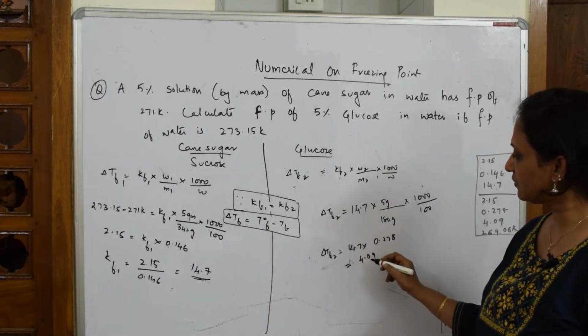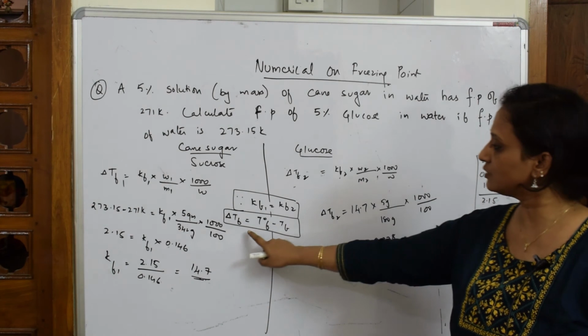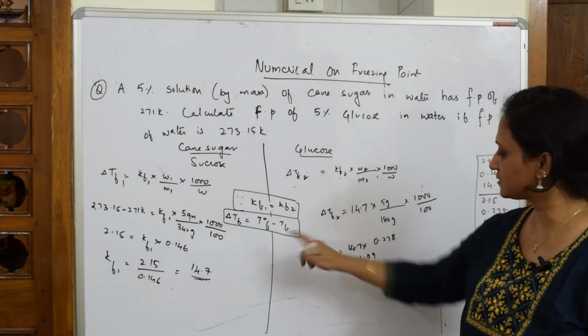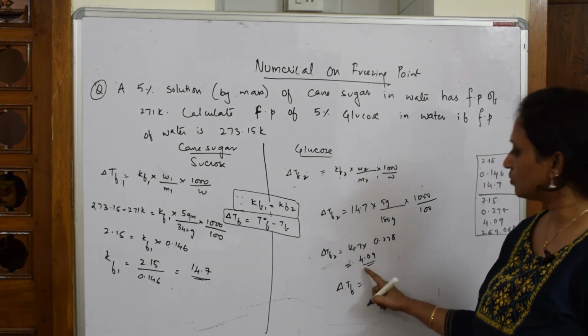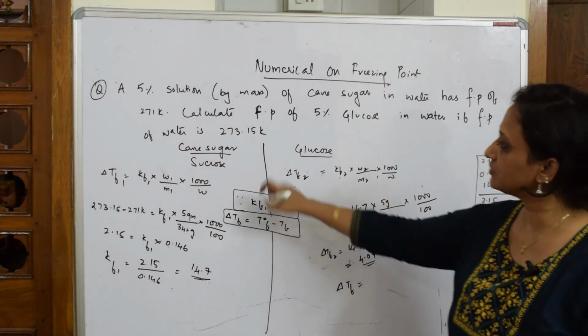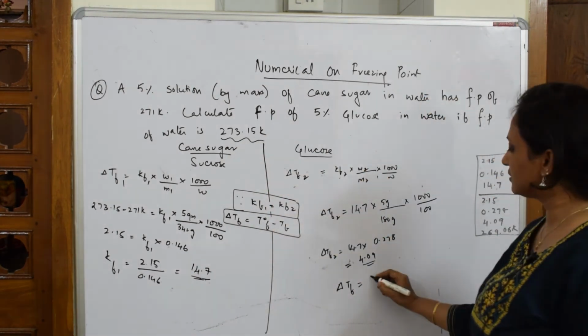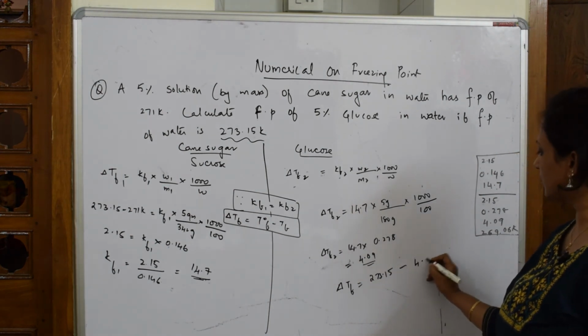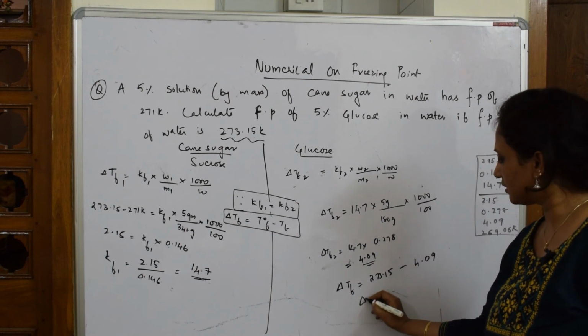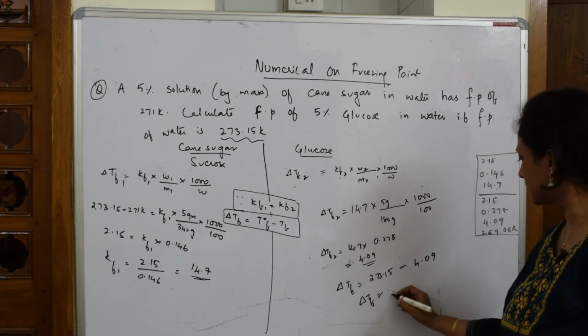I very well know delta TF is equal to TF naught minus TF. So TF naught for water is 273.15, minus 4.09.